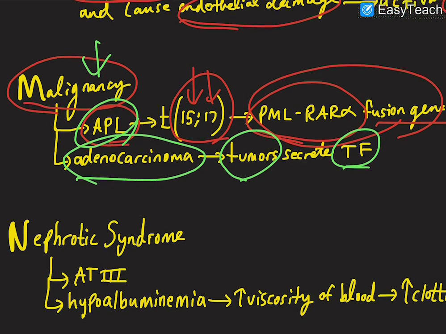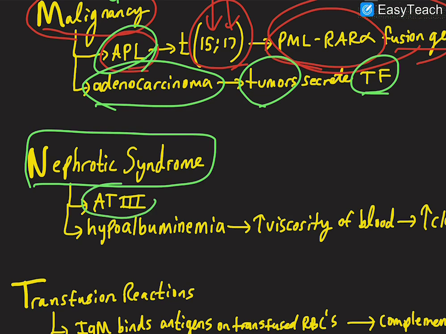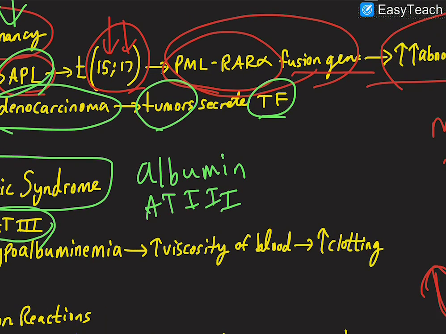So we're done with the "stop making" part of the mnemonic. Now let's cover the "new" part. New starts with an N, and to represent N we have nephrotic syndrome. Remember, in nephrotic syndrome you have proteinuria greater than 3.5 grams a day. Part of the protein present in your urine is albumin, antithrombin 3, and immunoglobulins.